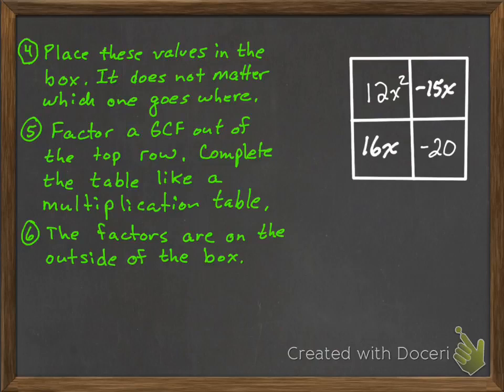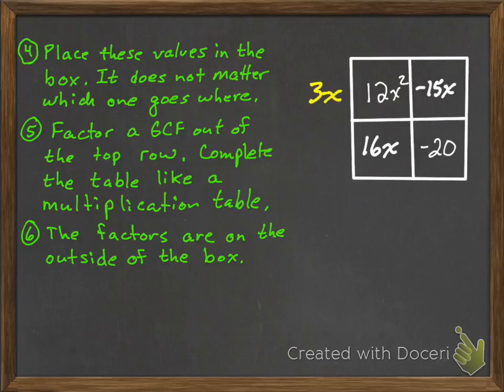All right, so our next step that we're looking at here is to factor a GCF out of the top row. If we're looking at these two factors right here, the GCF would be a 3x. Both of these numbers are divisible by 3, and they both have at least one x. So 3x is our GCF.